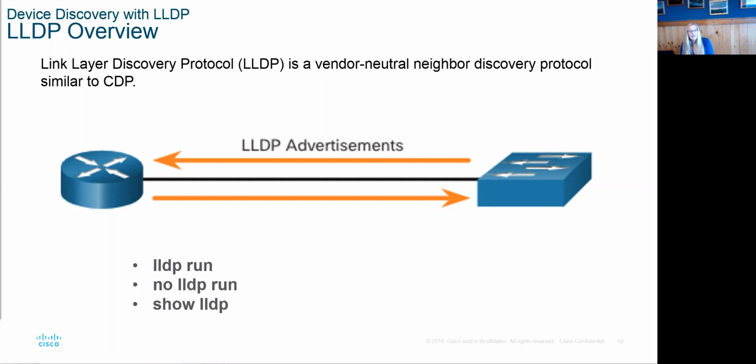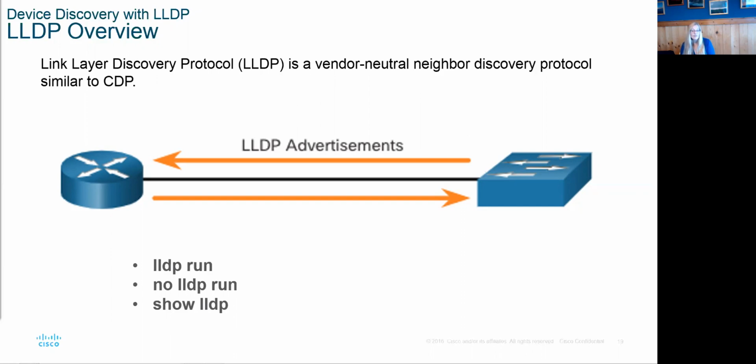To enable LLDP globally on a Cisco network device, you're going to enter lldp run in global config mode. To disable it, no lldp run in global config mode. You can also configure it on a specific interface. However, LLDP must be configured separately to transmit and receive LLDP packets.